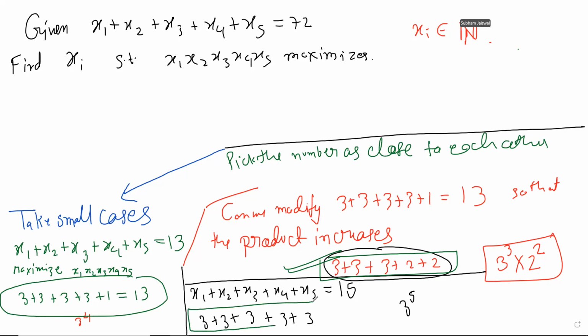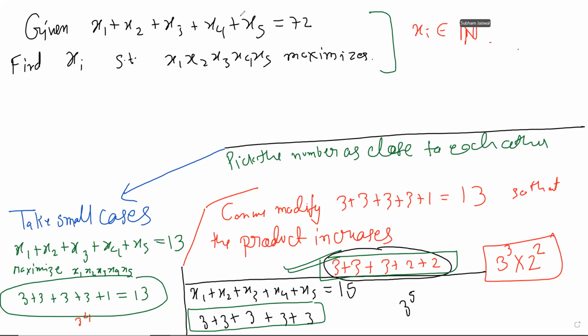We will prove it, but first we should be able to get the idea of what the formula is and how to use it. Here we could make them equal in the case of 15, and we did make it equal, and this seems like it's the biggest. So just use that here. Give me x1 to x5 so that they are as close to each other as possible.